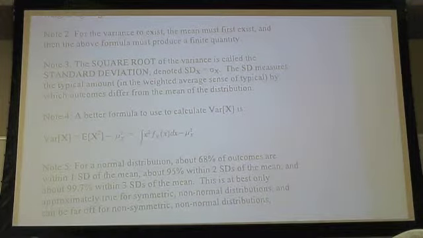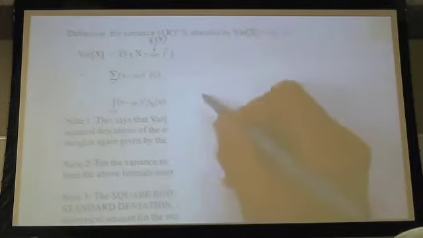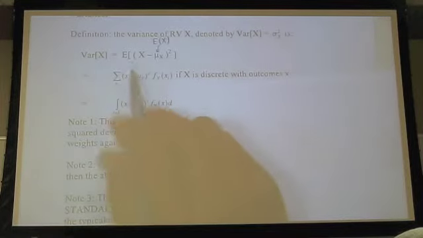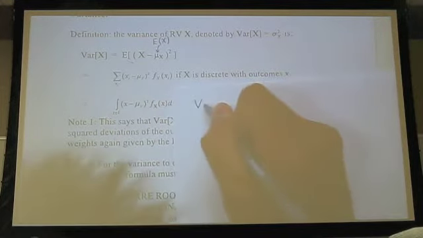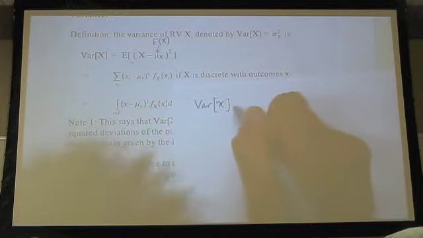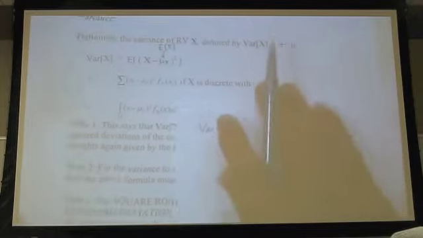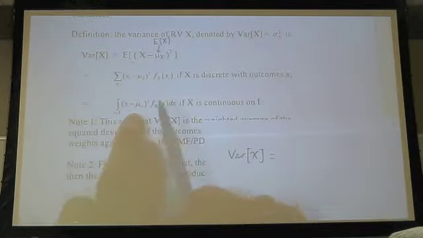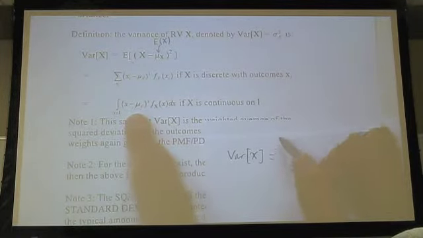The variance, by definition, is what? It's this guy right here, right? So the variance of the variable x is equal to the expected value. Okay, so how about I prove this for the continuous case?